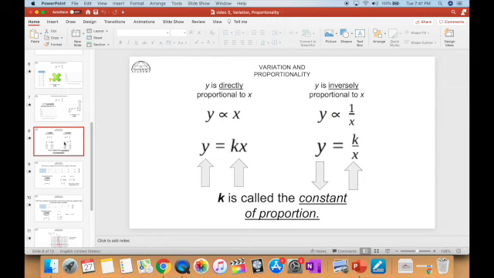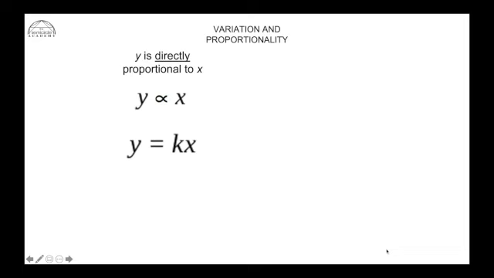At the end of the day, whether you're directly proportional or inversely proportional, you basically have one method where you get your relationship. If y is directly proportional, that is the relationship: as x gets bigger, y will also get bigger.